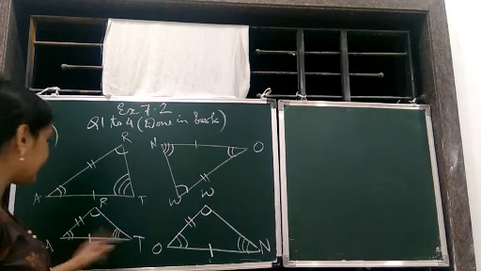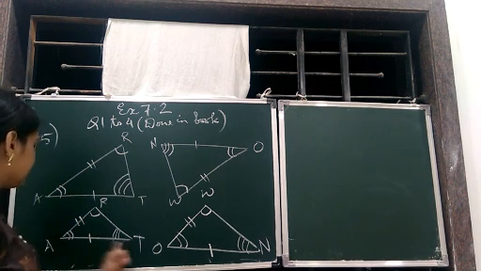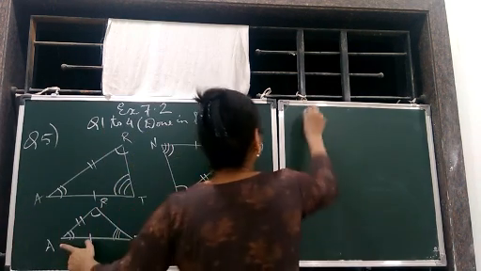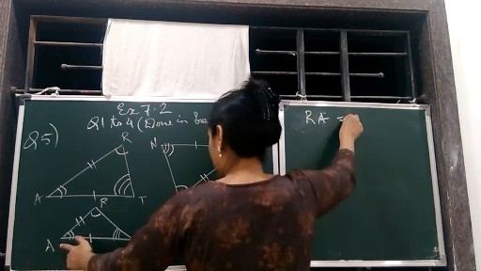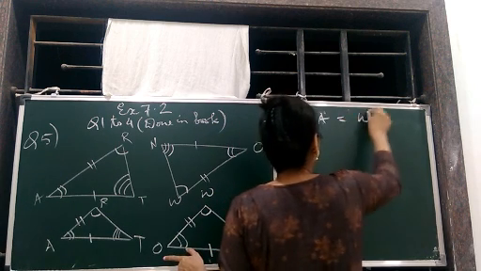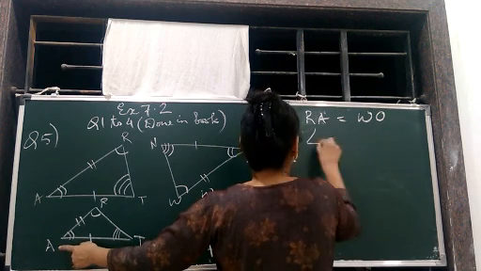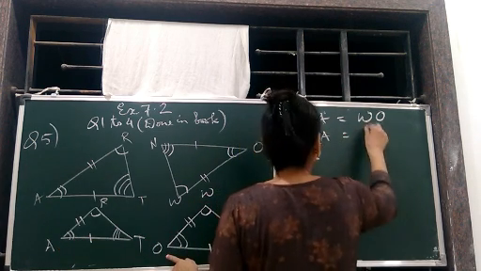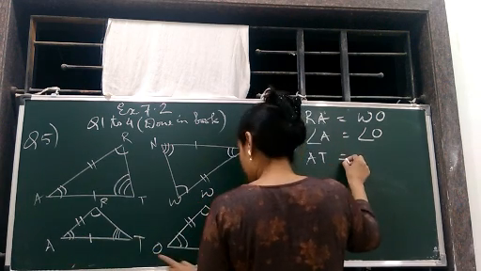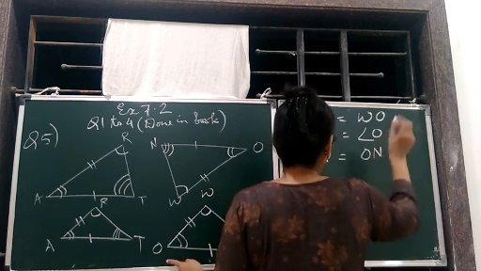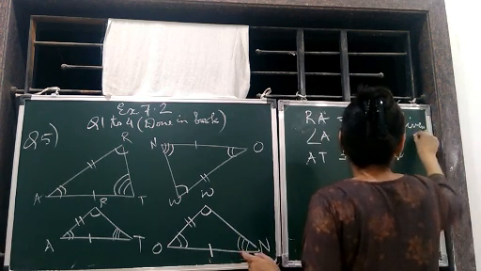Correct? Because there is no angle congruency rule, so you cannot say. So by side angle side, that is RA equal to WO. Okay, it is given. Then angle A is equal to angle O. This is also given. And AT is equal to ON. This is also given. So we write here for all the three it is given.